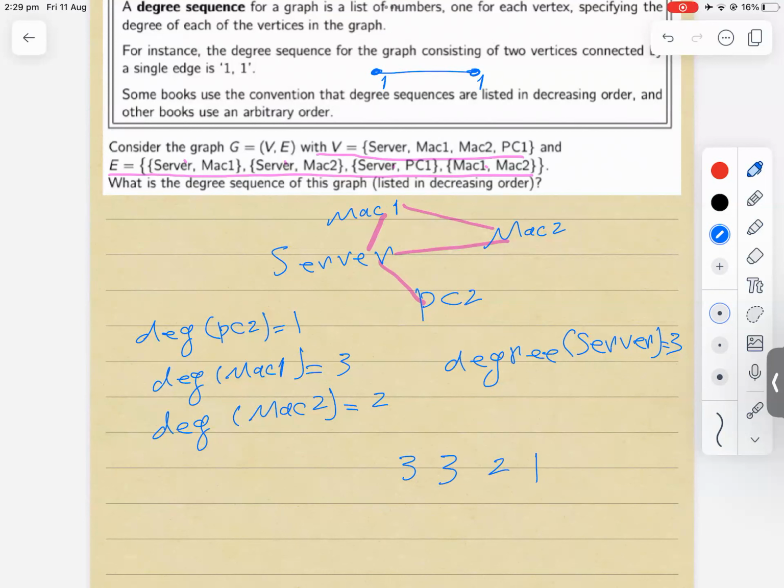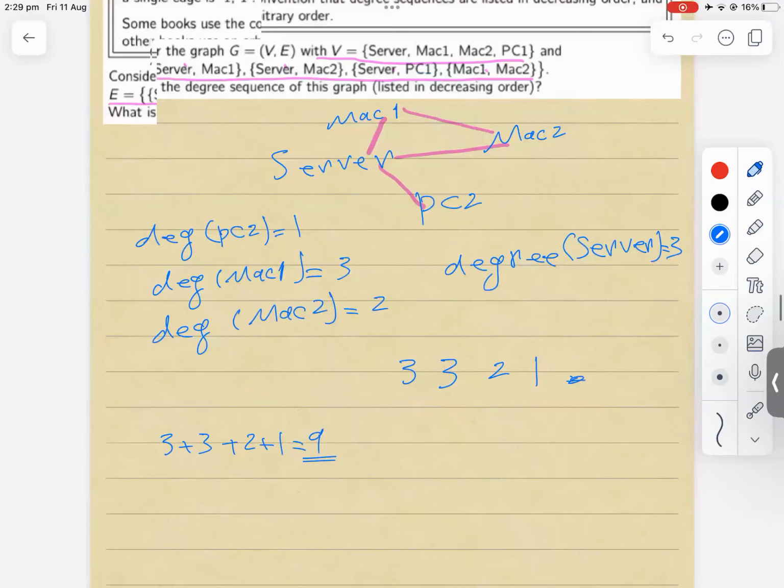So let's count here. 1, 2, 3, 4, 5, 6, 7, 8. So if I have 3 plus 3 plus 2, plus 1 plus 1 is 9. So this means I made a mistake somewhere.